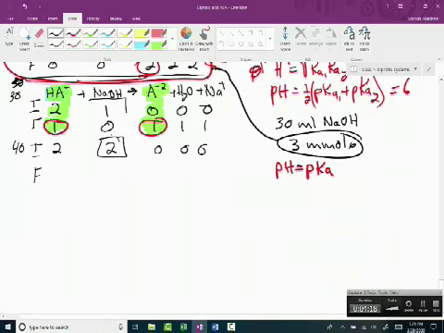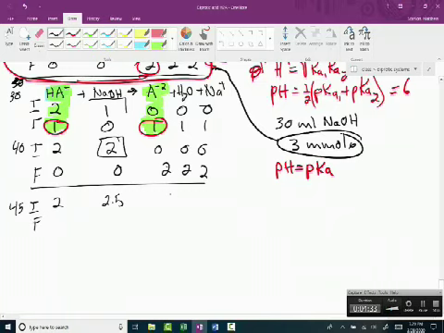We always use up 2 in the beginning. 0, 0, 2, 2, and 2, and then I'll write down 45 down here. Initial, final. This is how I like to do it. 2, 2.5, 0, 0, 0, 0.5, 2, 2, 2. And so each time I have to look at what I have.